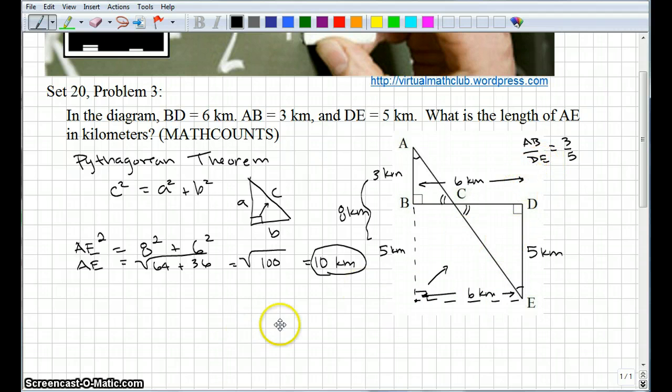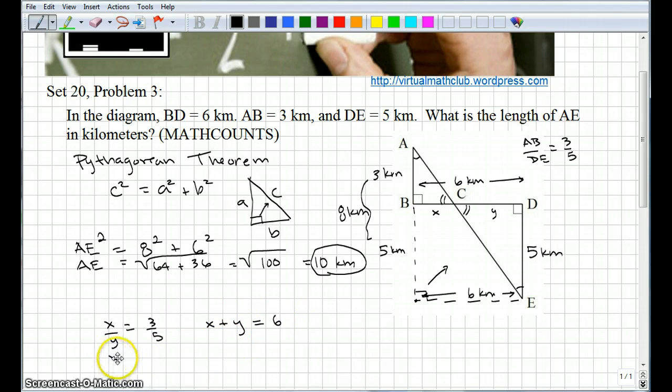I'm going to call the lengths BC and CD x and y, just because it's quicker to write. So x over y also has to be equal to 3 over 5, because the ratio of the sides has to be the same in similar triangles. And we also know that x plus y is equal to 6.